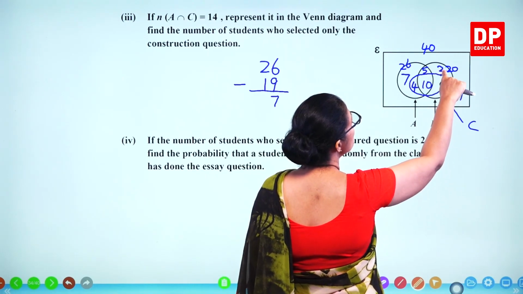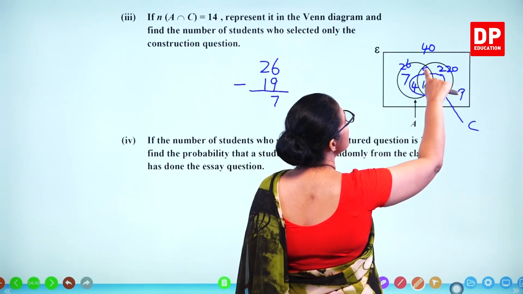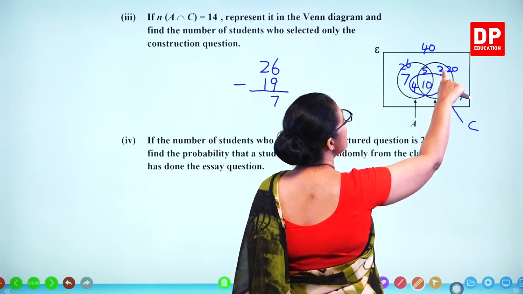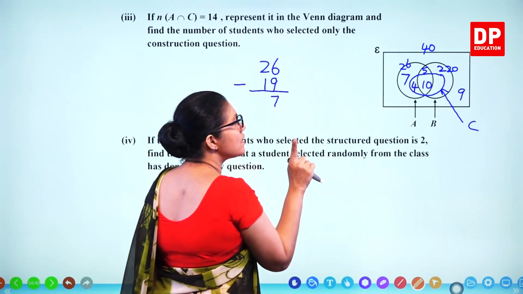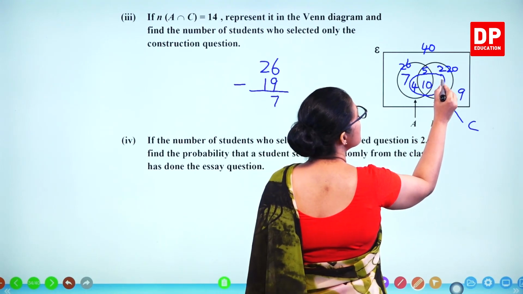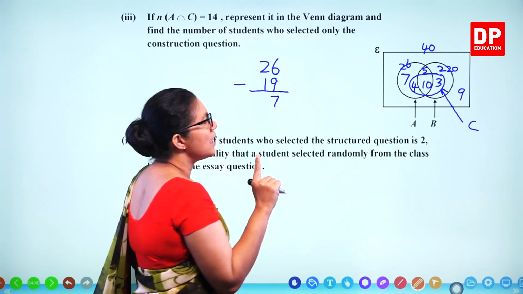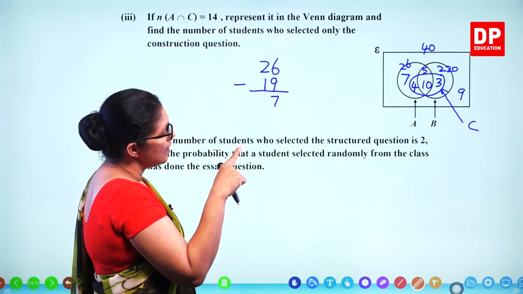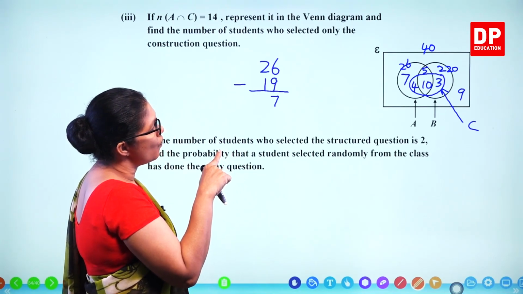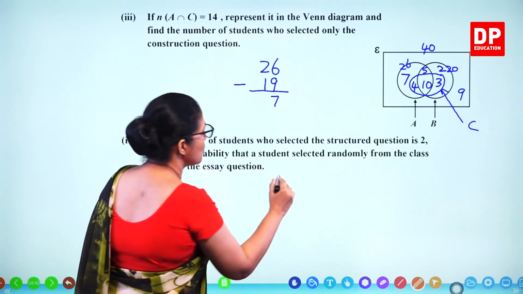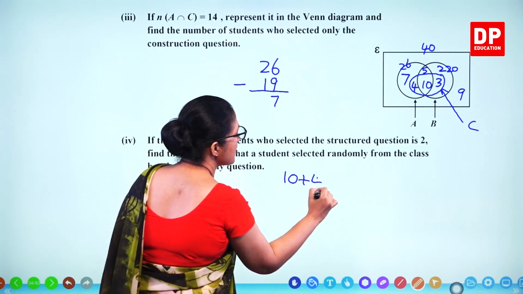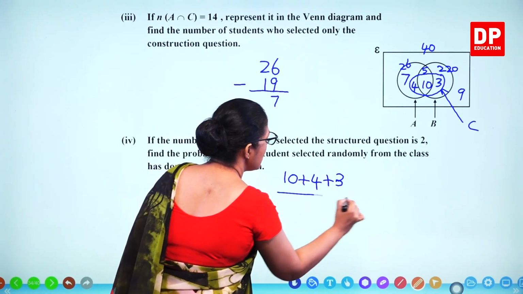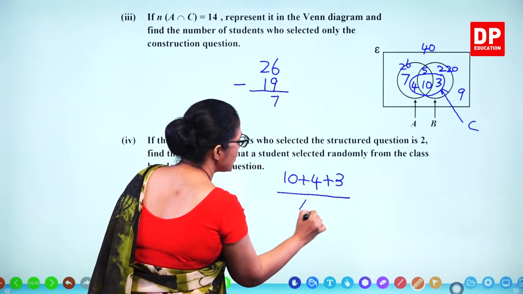Now see, this is 2. This is 5 and 10, 15 plus 2, 17. So this is 3. Now see the probability of selecting C. So that means 10 plus 4 plus 3 students out of 40.